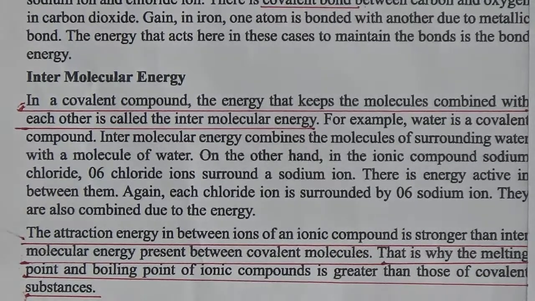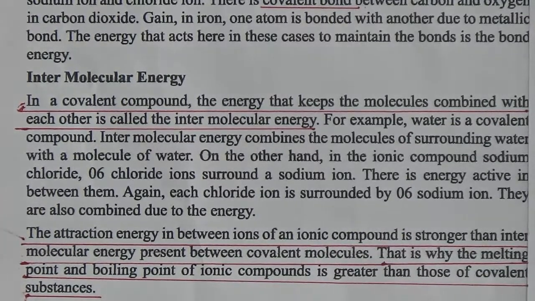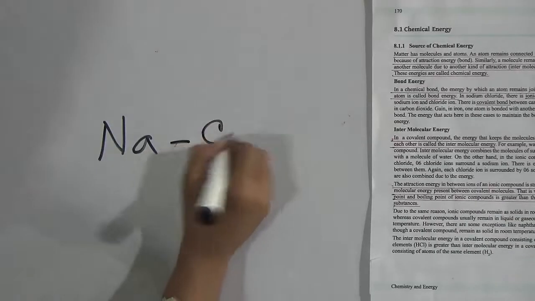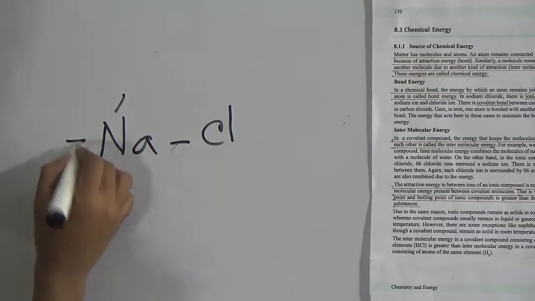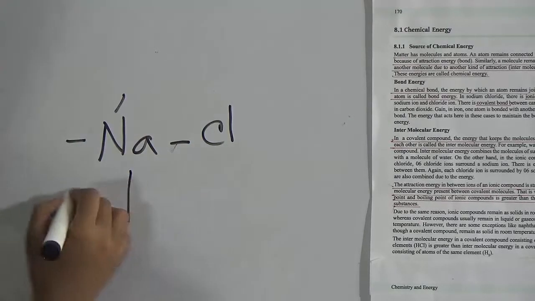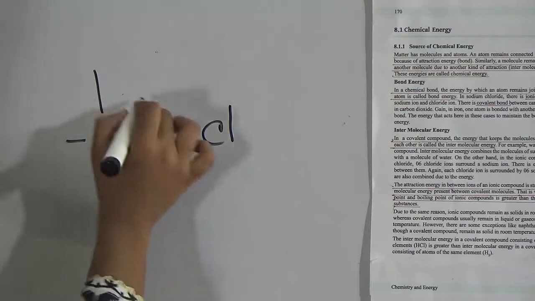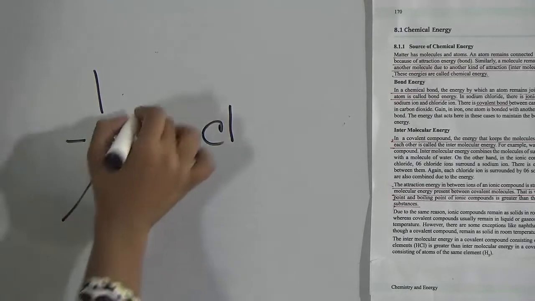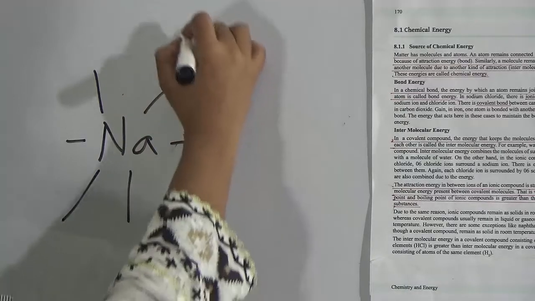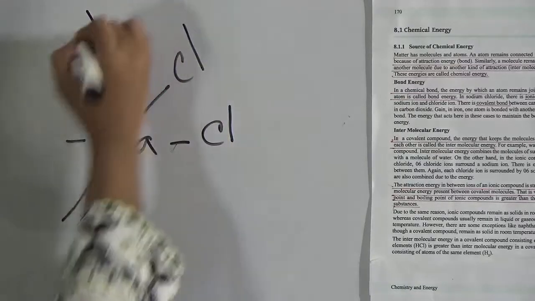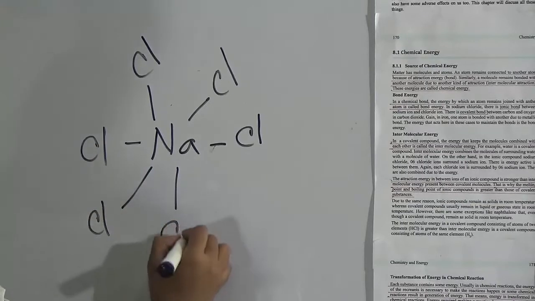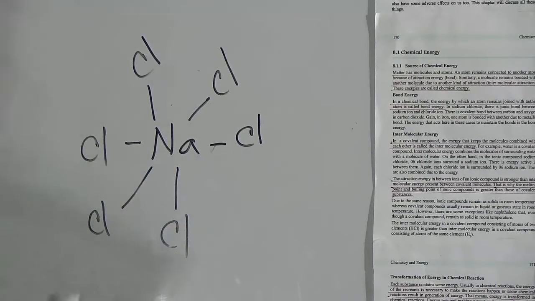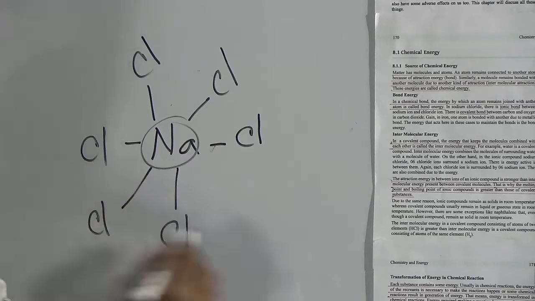Look, this is sodium chloride, and when it makes the crystal, 1, 2, 3, 4, 5, 6 chloride ions surround one sodium ion.